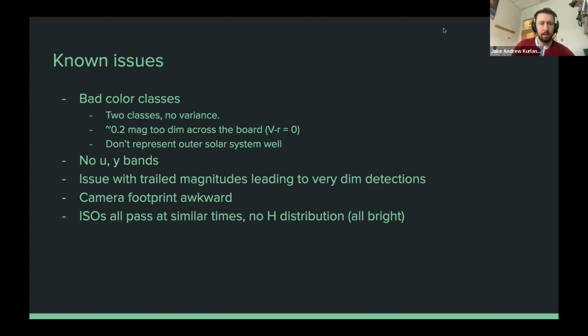And the issue that Pedro just mentioned that's causing these colors of -10 or +10, we believe it's an issue where trailed magnitudes are sometimes overestimated for objects that really shouldn't be discovered, leading to some like 30 magnitude detections getting counted as real. There's a very small number of these. They show up on a scatter plot, but not on a 2D histogram.